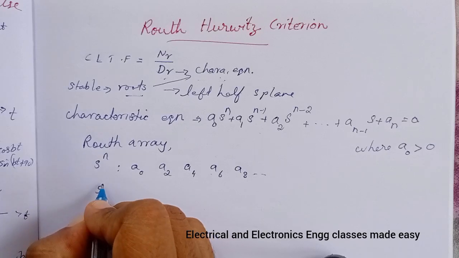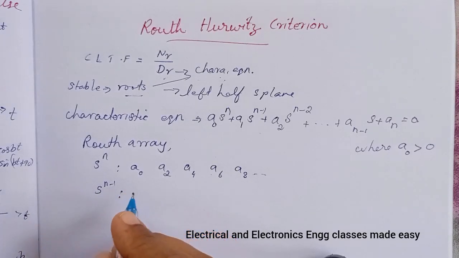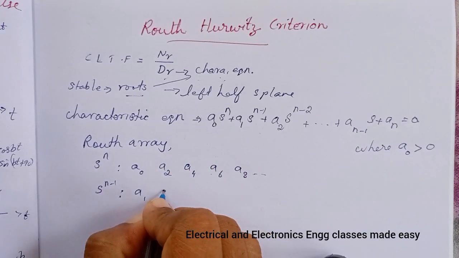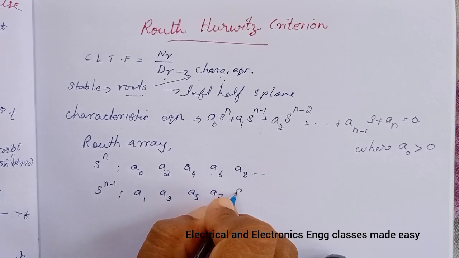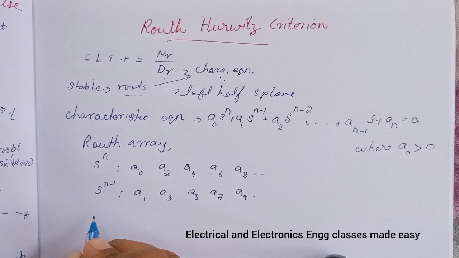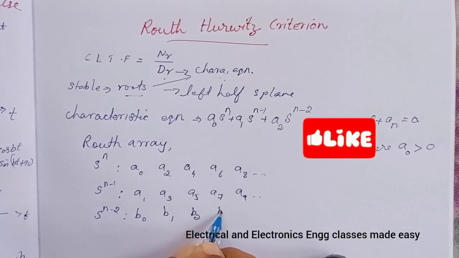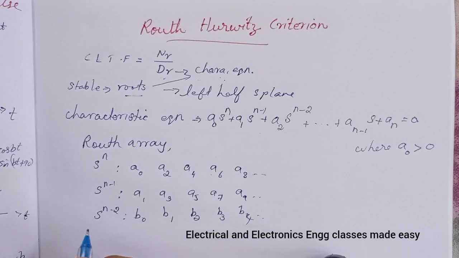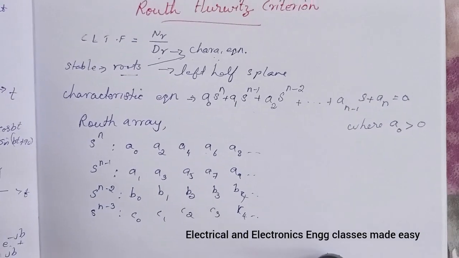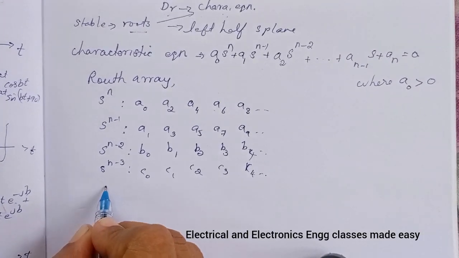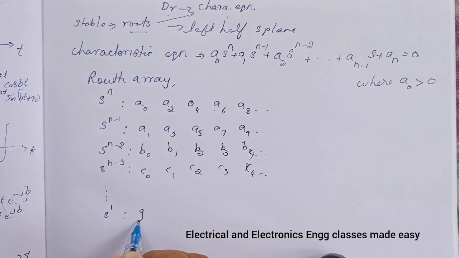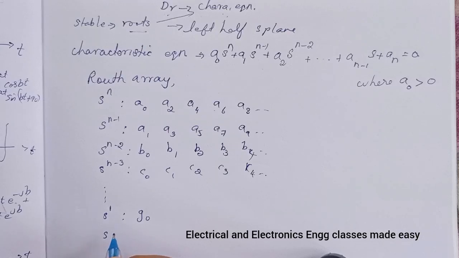Next, s raised to n minus 1 is the second one: a1, then a3, a5, a7, a9, etc. Then s raised to n minus 2 is b0, b1, b2, b3, b4, etc. Then s raised to n minus 3 is c0, c1, c2, c3, c4, etc. Then, etc., s raised to 1 is g0, and s raised to 0 is h0, like that.